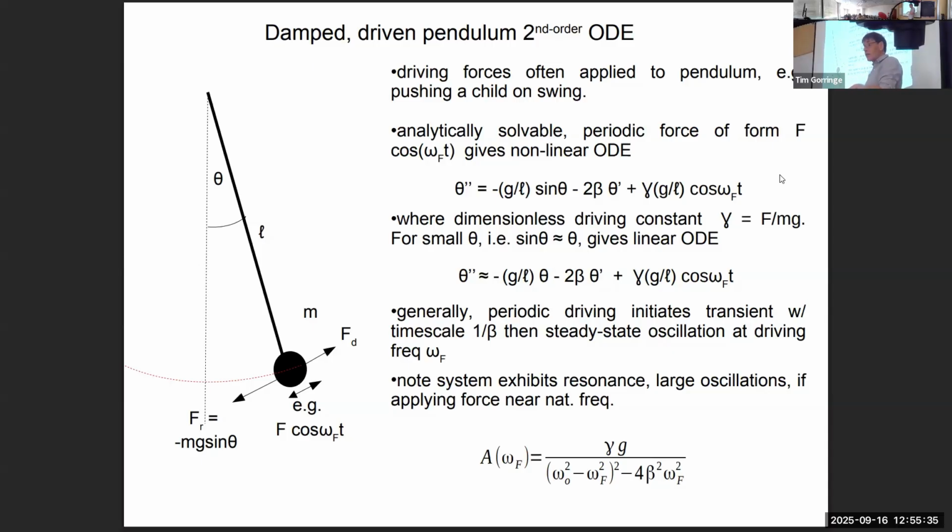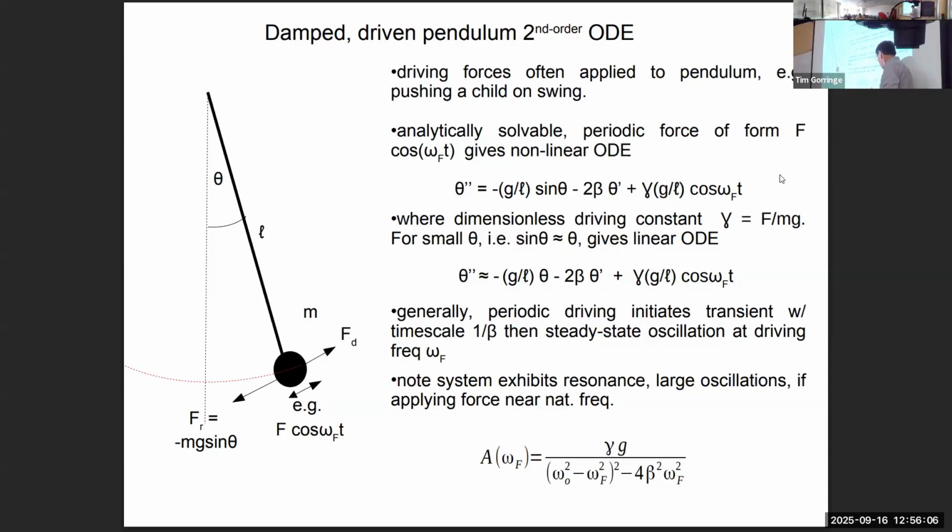If the driving frequency is close to the natural frequency, then the oscillations at steady state are going to be large, and that's resonance, and that's a very important effect in physics and in engineering too. And this is just the equation for that amplitude that tells us whether the amplitude is going to be large or small, depending on whether we're close or far from resonance.